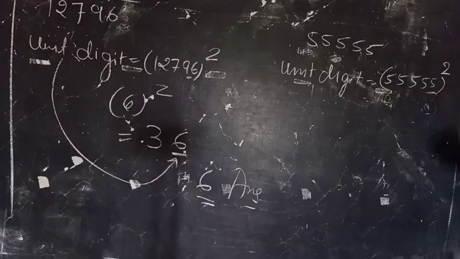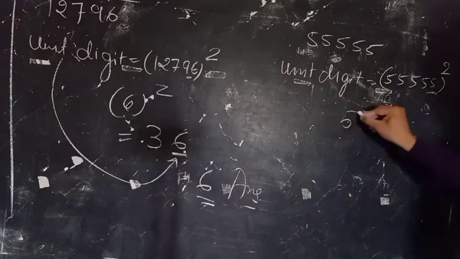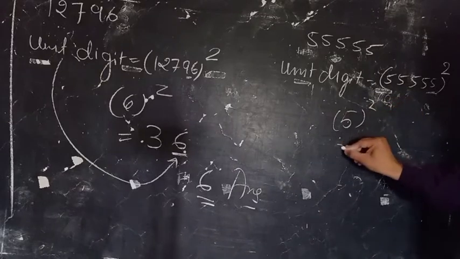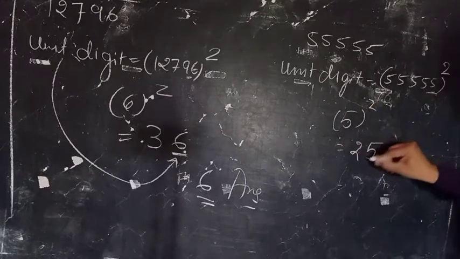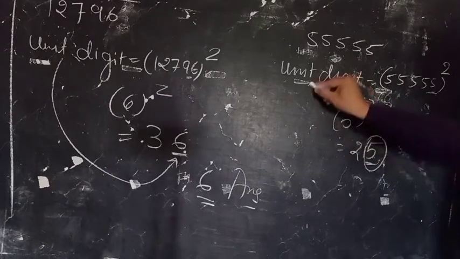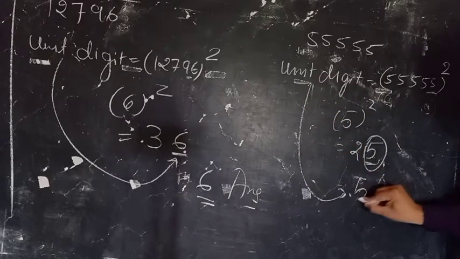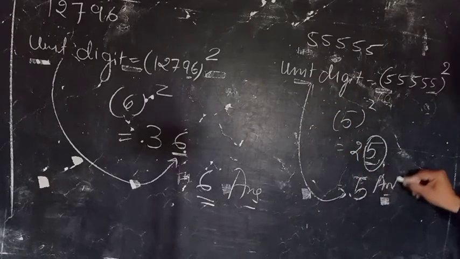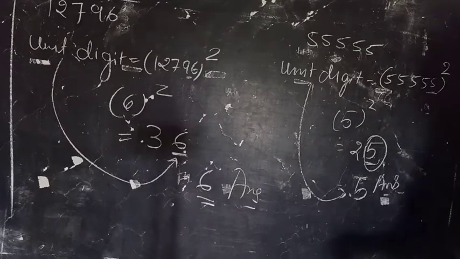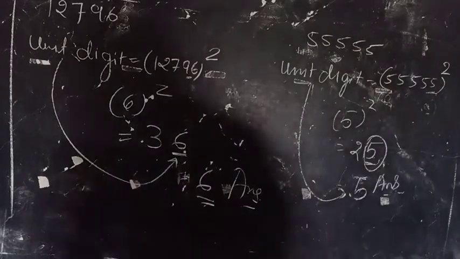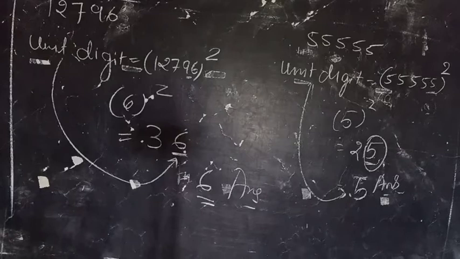Now the unit digit is 5, so 5 square is equal to 25. Now this 5 is your answer, so the unit digit of 55555 square is equal to 5. Note it down fast. I hope these examples are sufficient to understand this concept, right?